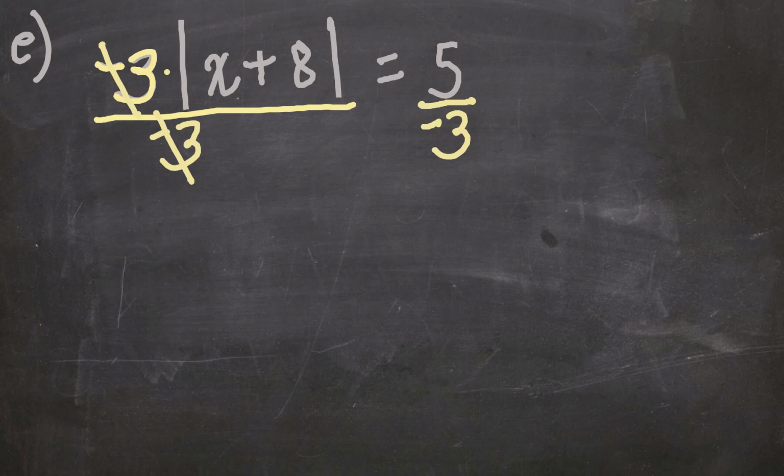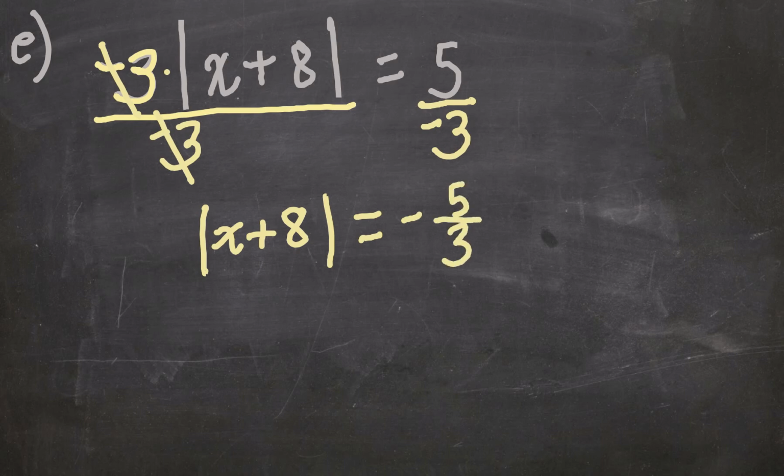Now let's rewrite this and take a look. X plus 8 is inside the absolute value, equal to a negative 5/3. Whatever it came out to, a negative number. And now that it is isolated, that's a problem. Absolute value is not going to be a negative. That's what's wrong right here.